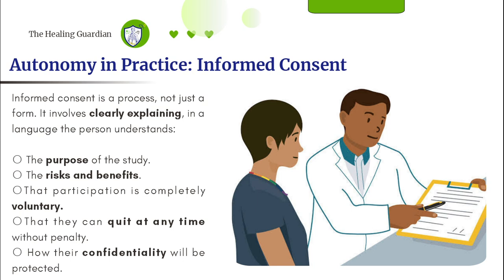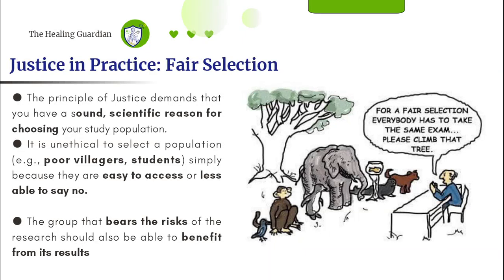You tell them the risks and benefits of participating. That is for experimental studies. Then participation should be completely voluntary, no coercion. They have to be able to quit anytime without penalty, and their information should be kept confidential. That is what autonomy means. People should have control over their own participation in that research.